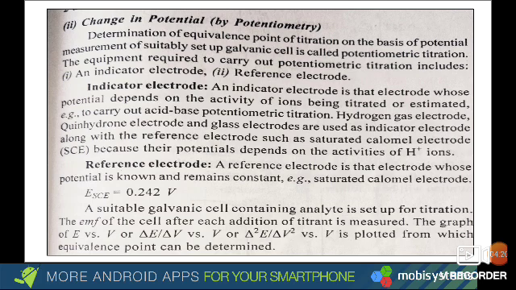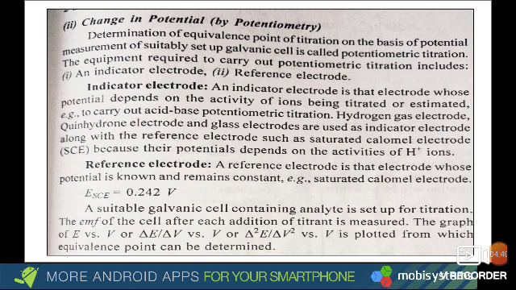So when the equivalence point is reached, it will show a change in potential of the system. To set up the potentiometer you require two electrodes: an indicator electrode, and the second one, called the reference electrode.